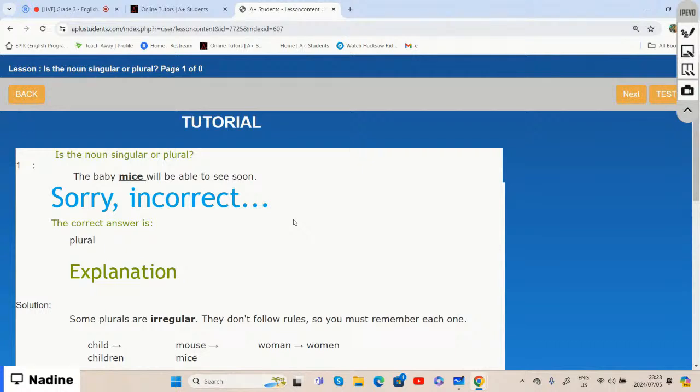So the baby mice will be able to see soon. If we look at the word that's bold, the word in bold, mice: is mice singular or is mice plural?